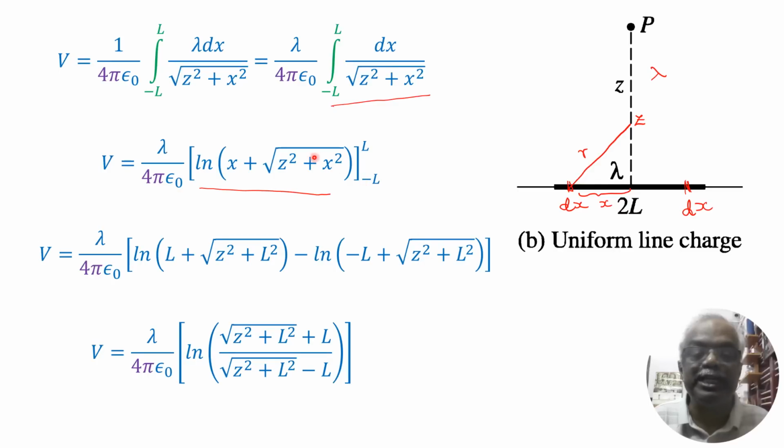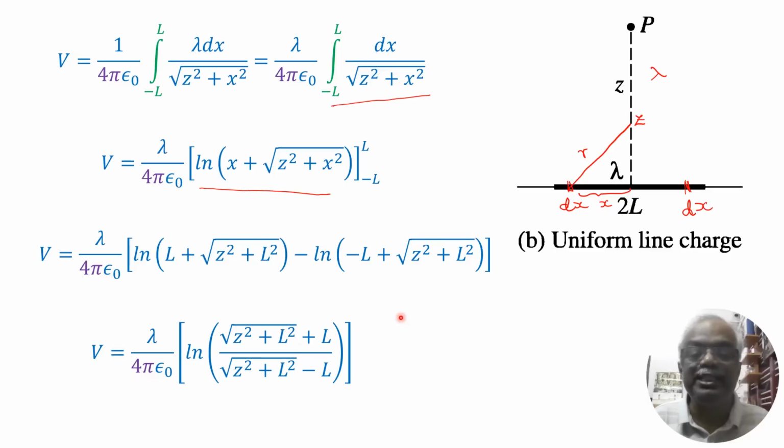Though it is negative, when you square it, it will simply become L squared. Now this can be written as a natural logarithm of this in the numerator, and this one in the denominator.